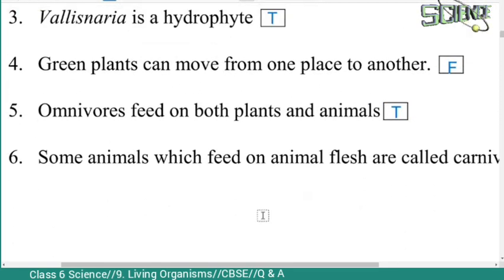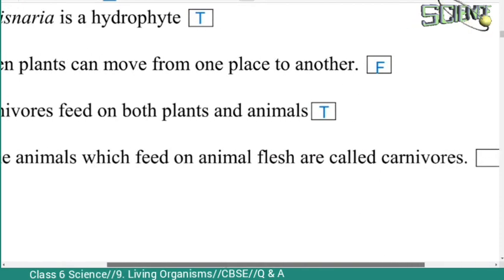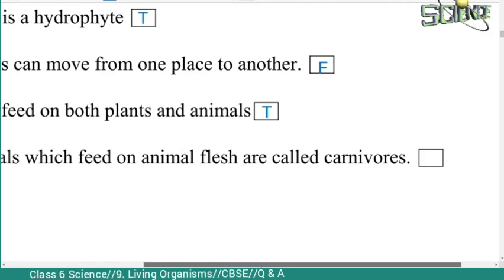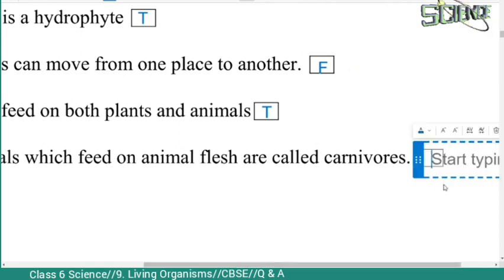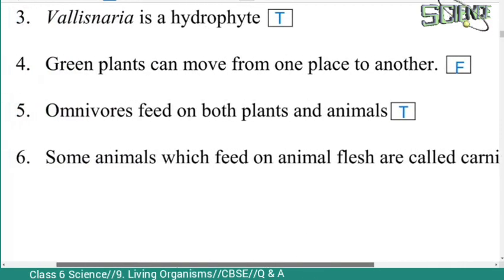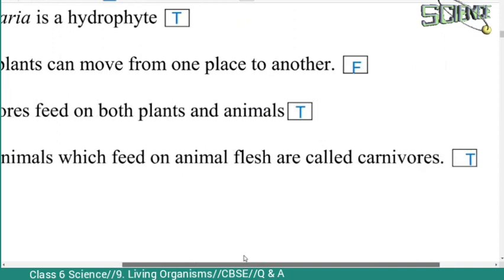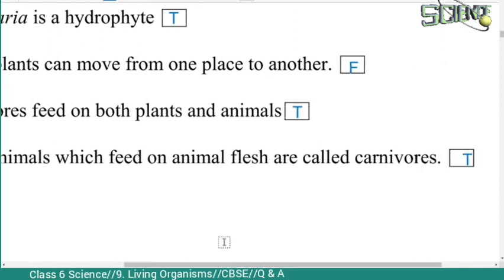Sixth one, some animals which feed on animal flesh are called carnivores. It is also true.